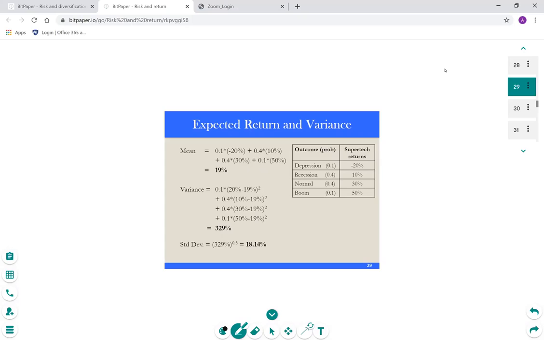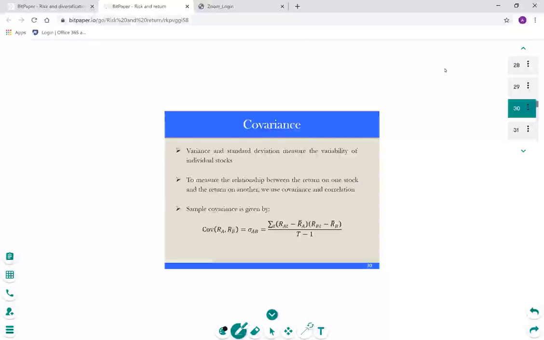If you take the square root of that, that's 18.14%. So this would be the result of calculating the mean and the standard deviation of returns in the scenario with that hypothetical company.